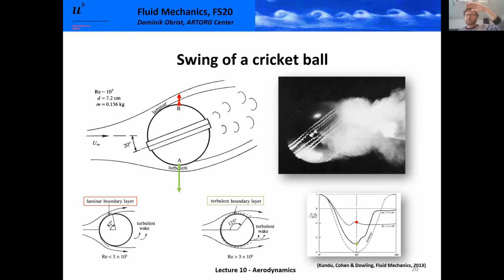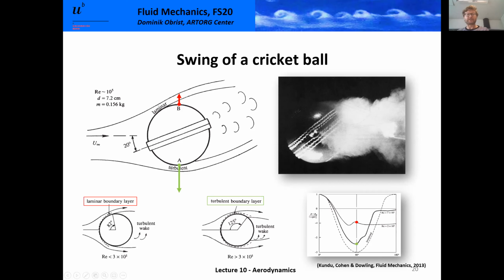So it's a reduced pressure because the flow is accelerated, but it's reduced by only a little bit. On the bottom side of the ball, the laminar boundary layer is tripped by the suture line. It's tripped in a way that the boundary layer becomes turbulent. So even though the Reynolds number is too low for natural transition, we obtain a forced transition due to the suture line.